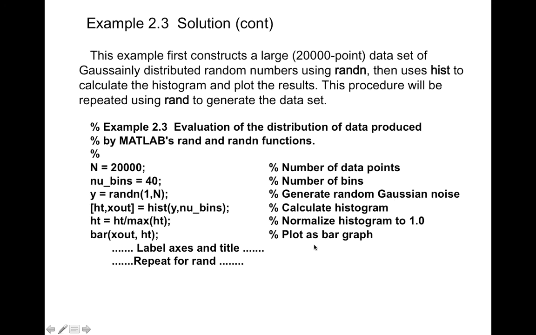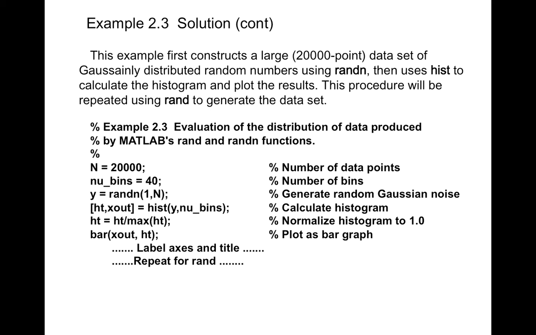So this is an example of some code that would take a data set of randomly distributed values, in this case a 20,000 point data set. So we're setting 20,000 points, we're setting 40 bins. This is our random number generation that would generate random Gaussian noise.